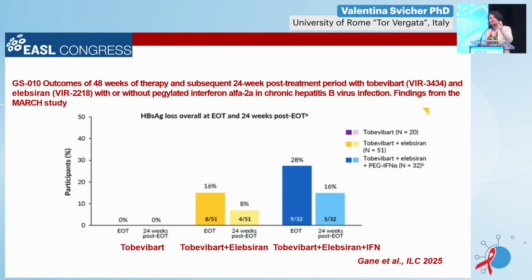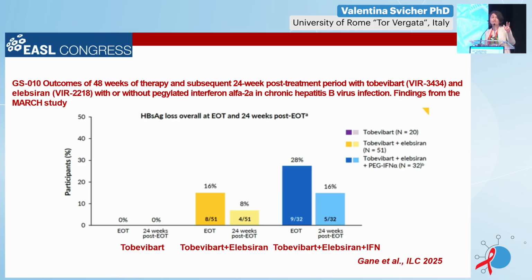This percentage increased up to 28% when interferon alpha is included. However, the rate of HBsAg loss is reduced to 16% 6 months after suspending treatment. This percentage is slightly higher than that observed with bepirovirsen.